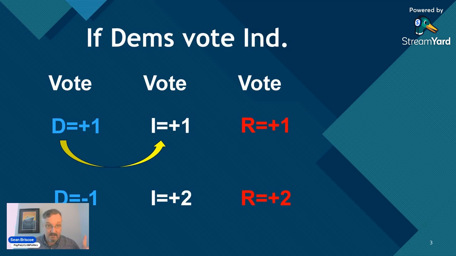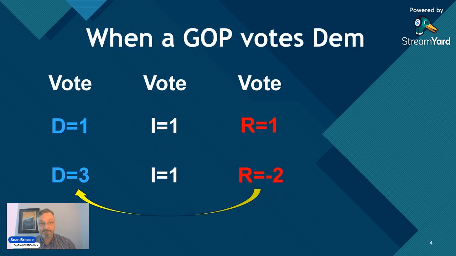They haven't done anything. With zero work, zero money, zero input, automatically the Republicans come out +2. And of course, the independents picked up a vote they weren't counting on, and they end up +2. So that's what happens when Democrats vote independent.